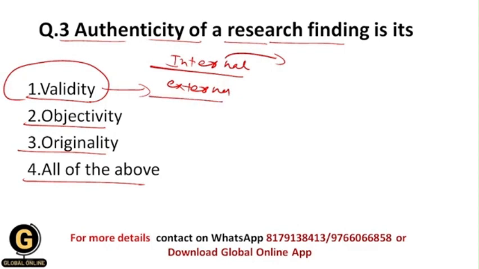And within external validity, it means to what extent we can generalize the results of our research to other situations. So now I hope all of you understood the exact meaning of validity, and that's why validity is not the authenticity of a research finding.